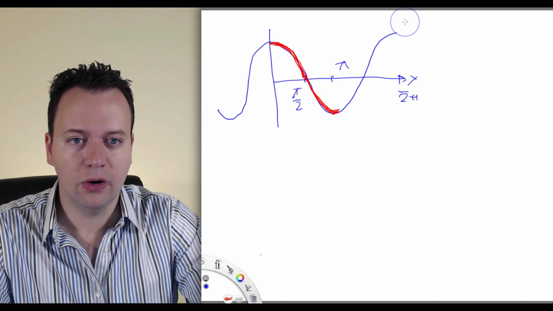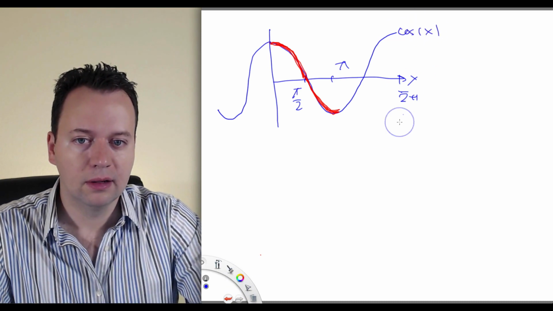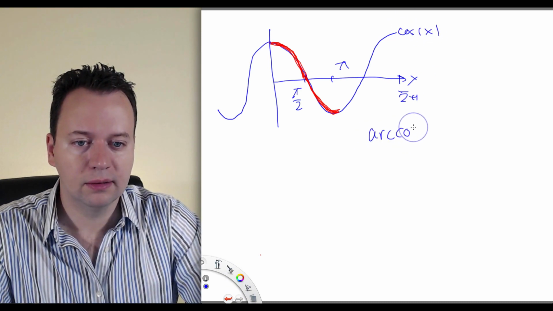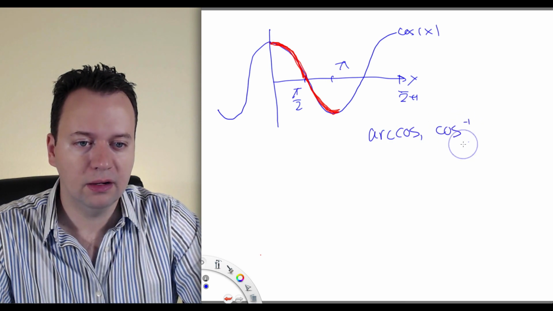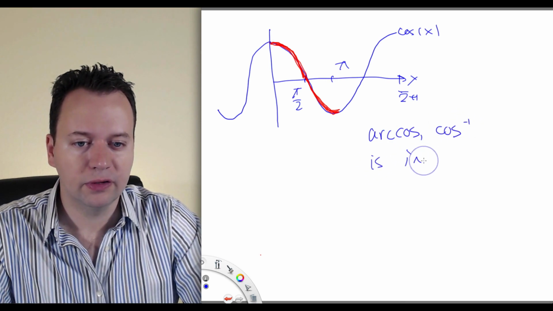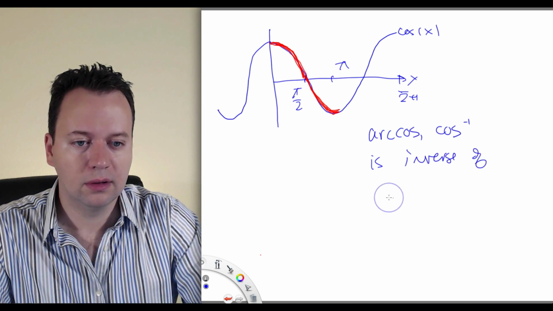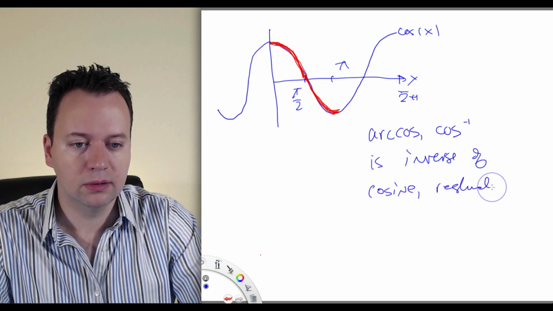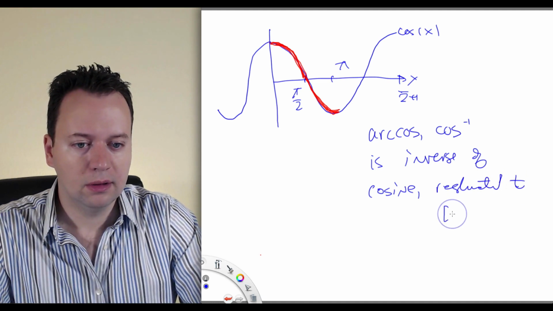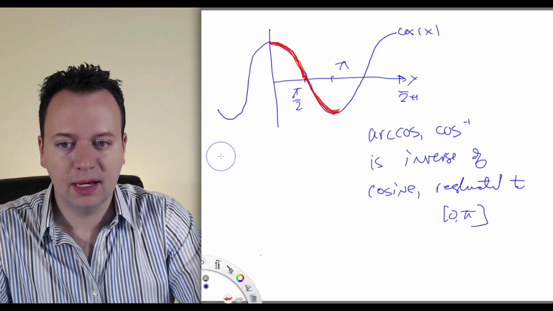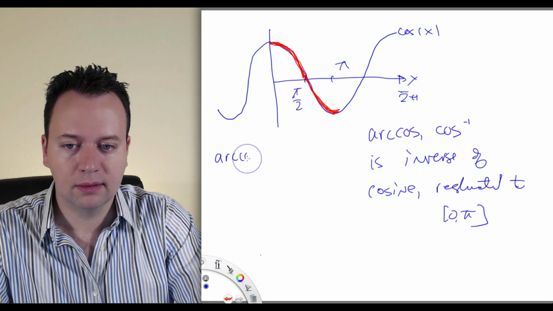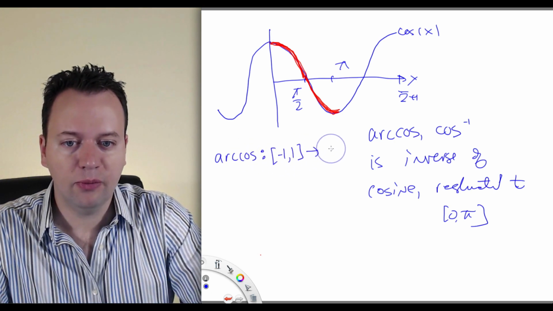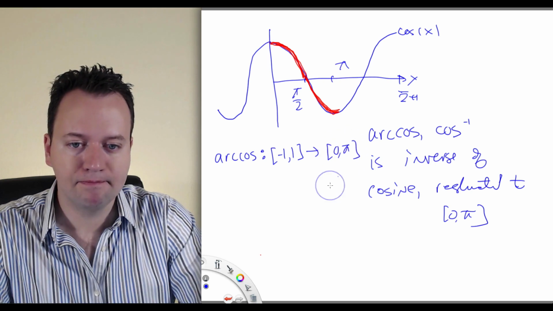between 0 and pi. So the arc cosine, or cosine inverse, is the inverse function of cosine restricted to 0 to pi. So we can say that arc cosine goes from -1 to 1, and it outputs something between 0 and pi.